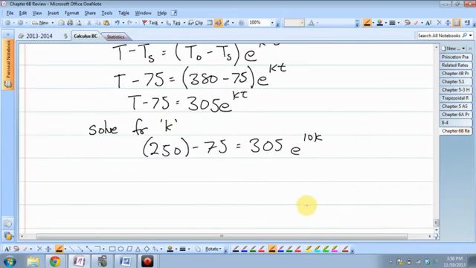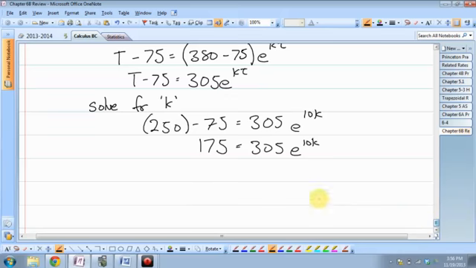That's 175 is equal to 305 e to the 10k. Let's divide that. 175 over 305 equals e to the 10k.